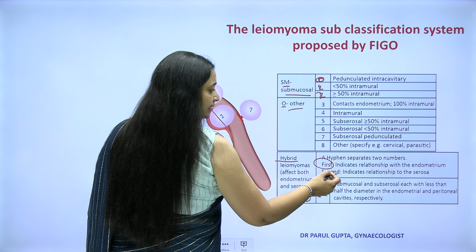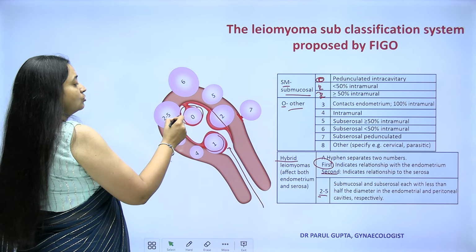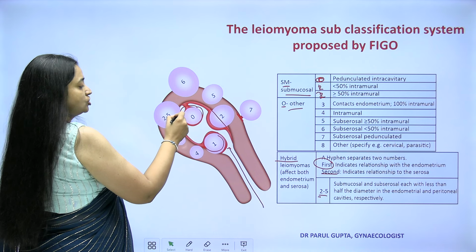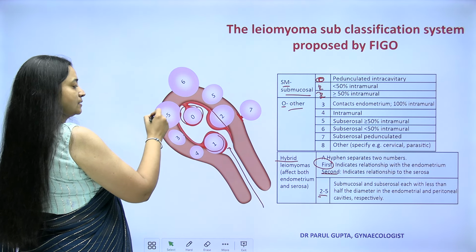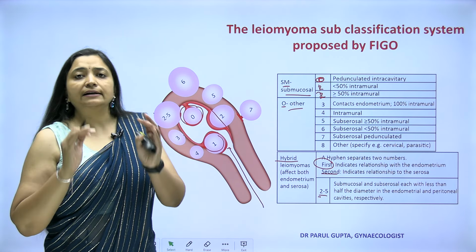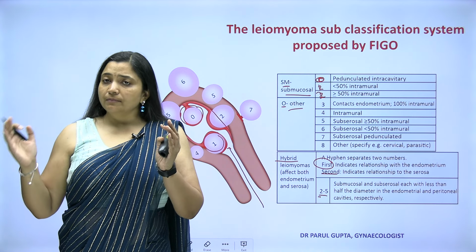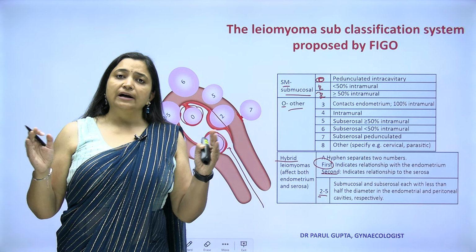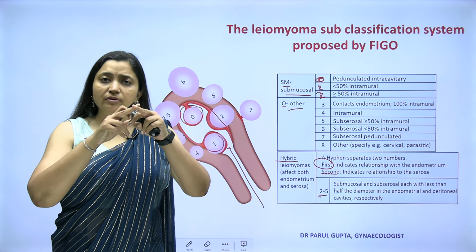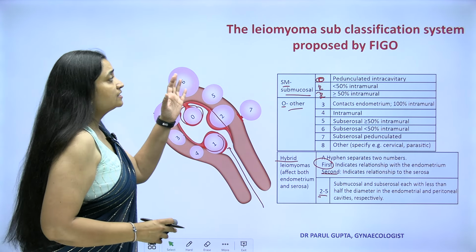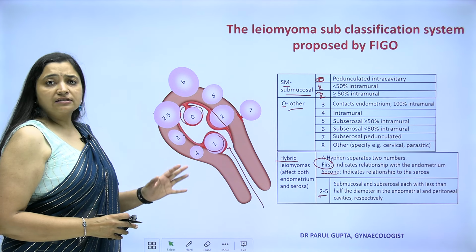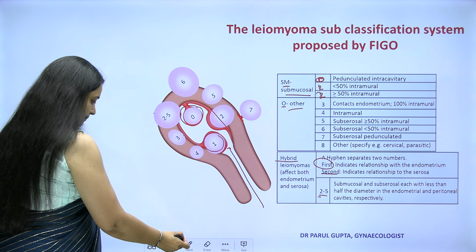The second number indicates the relationship to the serosa, which is 5. 2 to 5 means it is touching the submucous area and the subserous area also. So you should understand that it is a big fibroid extending from the submucous part to the subserosal part and obviously covering the intramural region also. So with this we finish the FIGO classification of the fibroid.